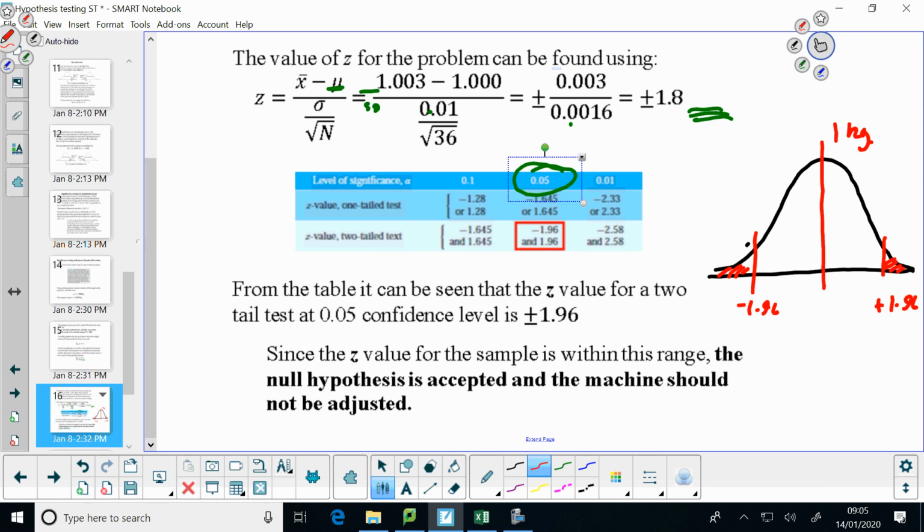They're the areas where we would accept the alternative hypothesis and adjust. But our data is saying we're coming in at plus and minus 1.8. And therefore, we accept the null hypothesis in the middle, the 95% bit.